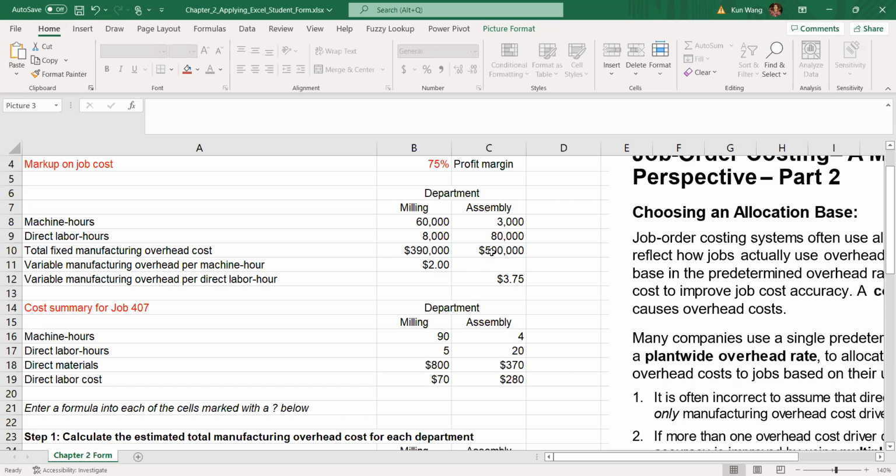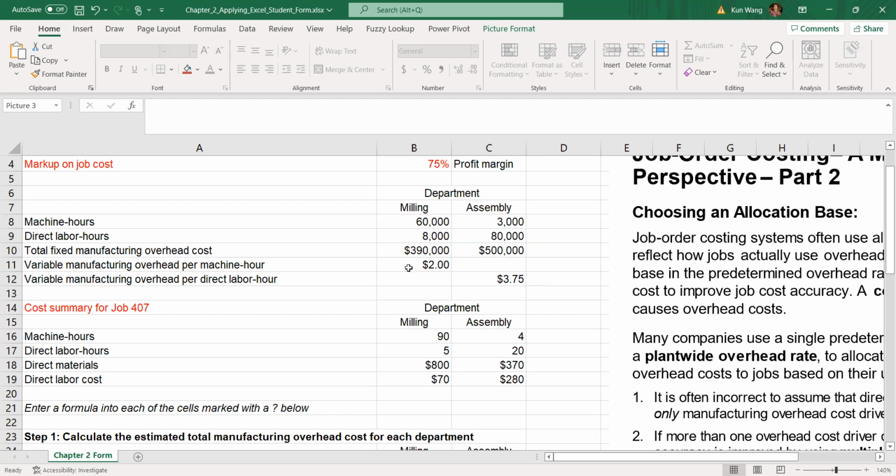The assembly department, on the opposite, is most driven by direct labor hours, so it is more labor intensive. We have the total fixed overhead, and then the variable overhead per direct labor hour is $3.75.